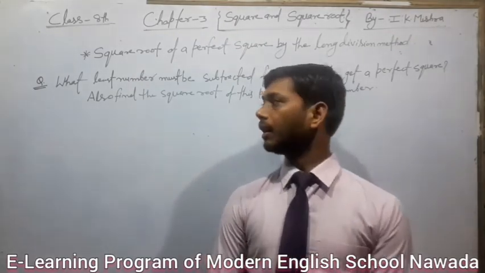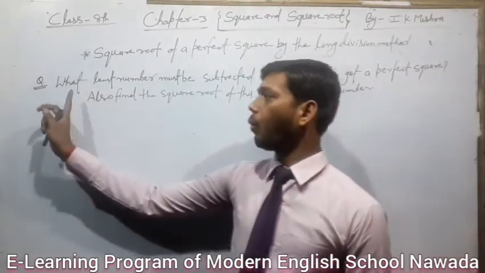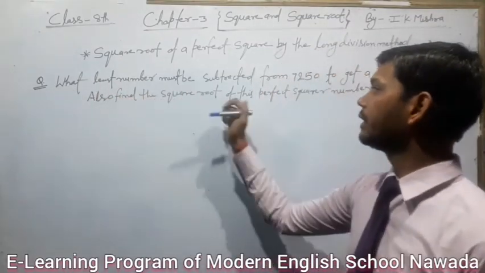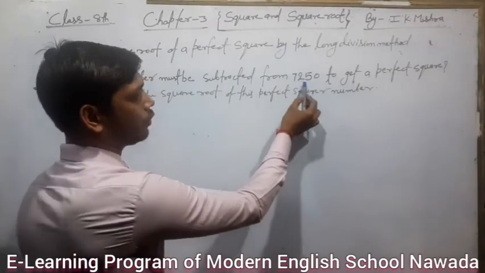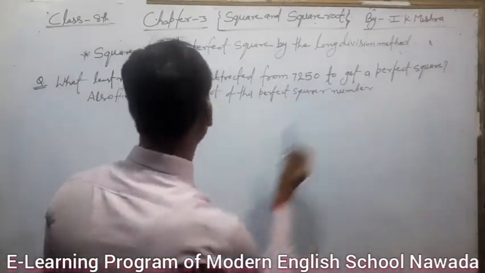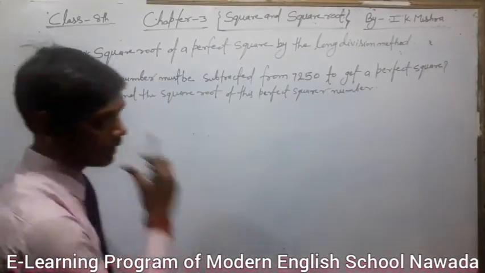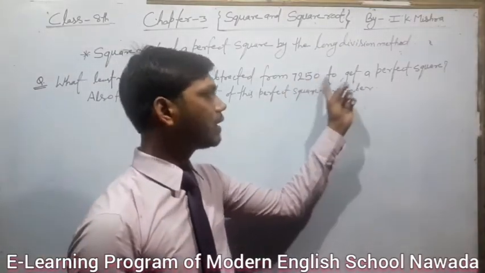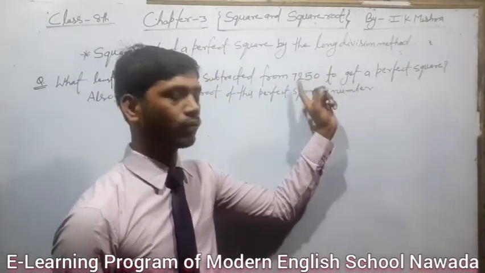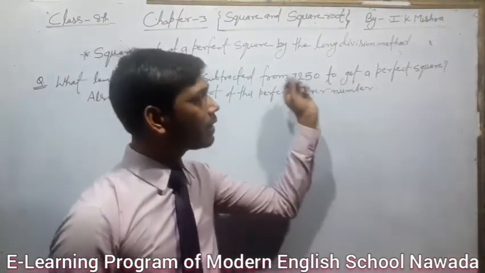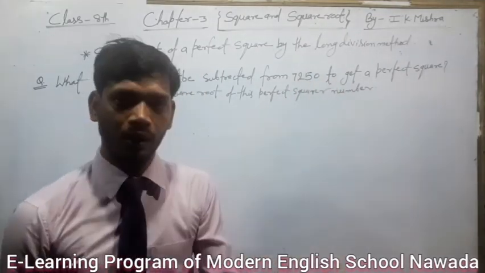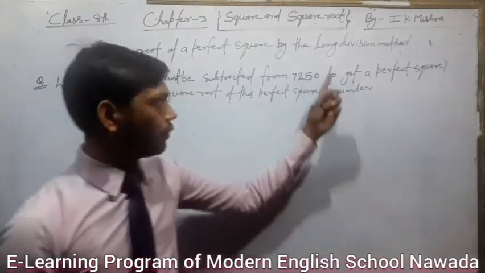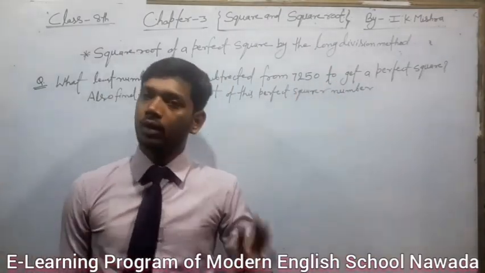Such as here I write a question: what is the least number that must be subtracted from 7250 to get a perfect square? That means this number is not a perfect square, and what least number is subtracted from this number to get a perfect square?